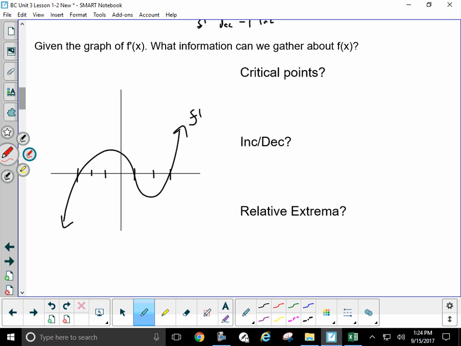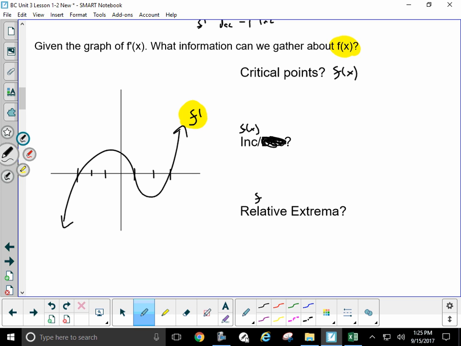All right. Now, let's look at if I'm giving you the graph of f prime. What information can we gather about f? So again, this is f prime's graph. I'm not giving you the equation of f prime, I'm just giving you the graph of f prime. And I'm asking you for what are the critical points of f. When is f increasing?